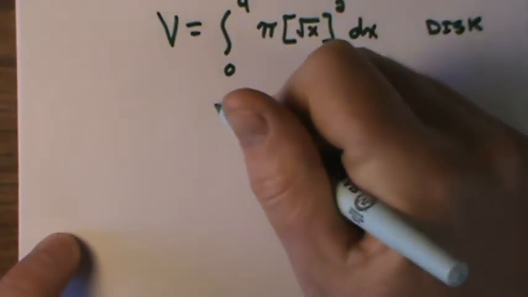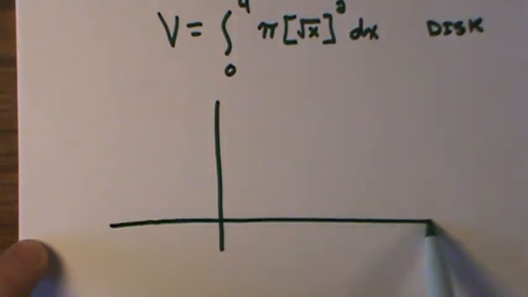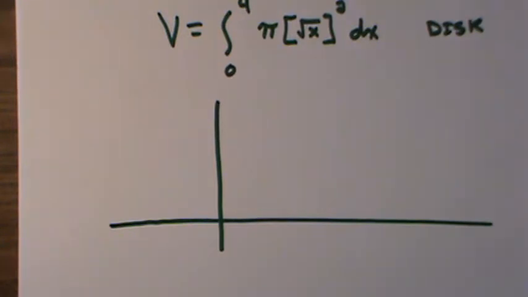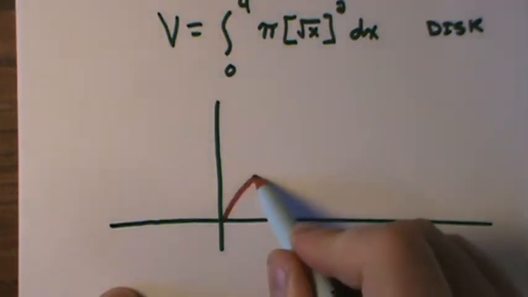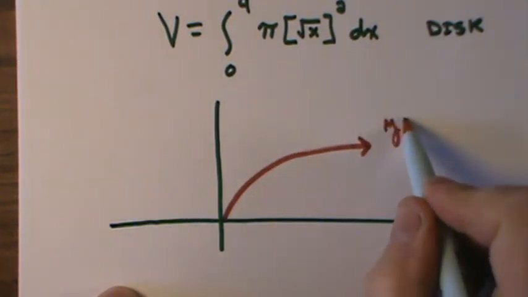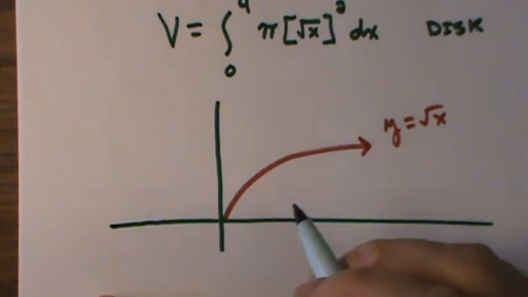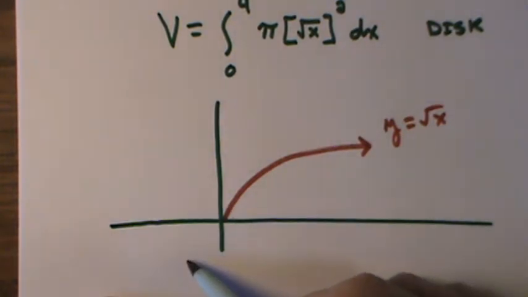So then we learned about the washer method. The washer method, say we had the same shape here, that radical x that was shooting up like this, y equals radical x. This time, however, let's put the line y equals x.